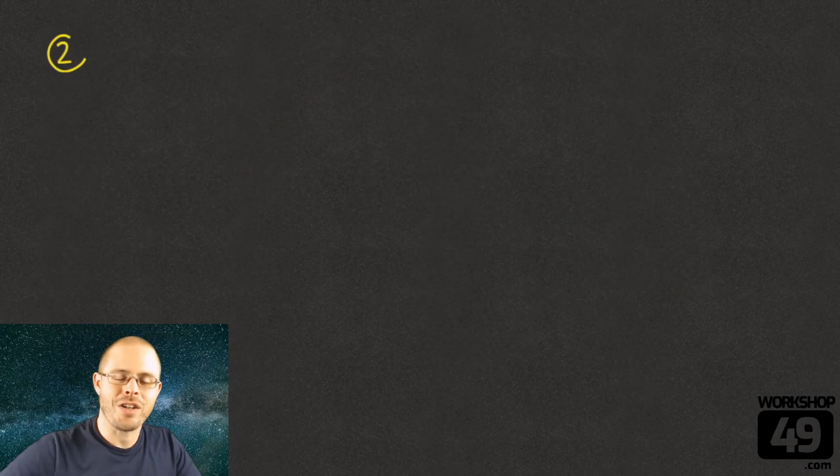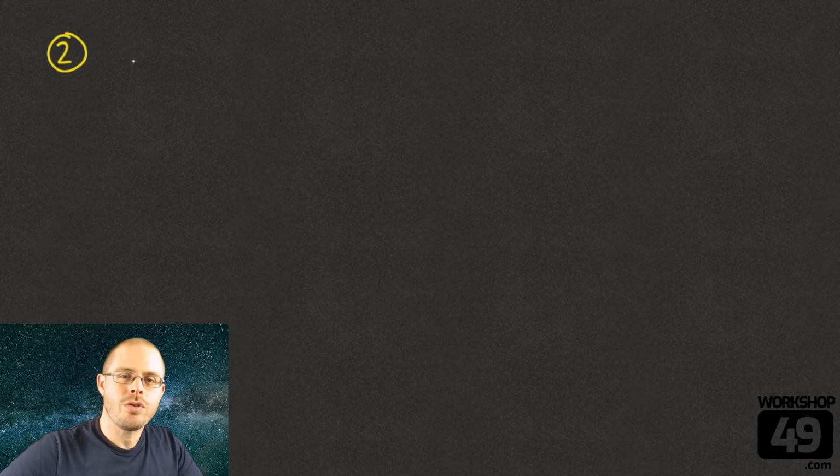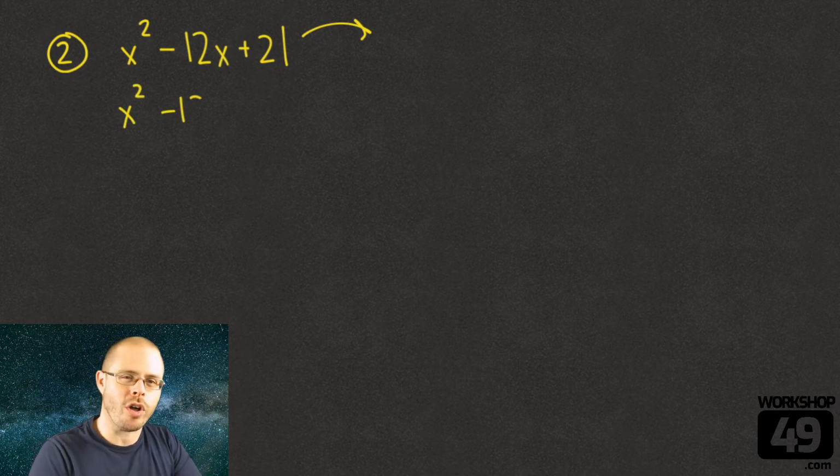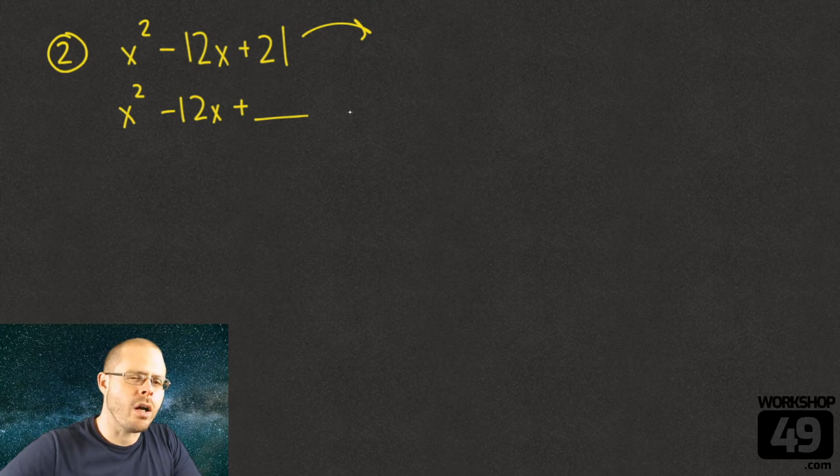We're going to work through another example here so that you can get to see this in action. So example number 2, we're going to put up another quadratic in standard form, x squared minus 12x plus 21. Not a perfect square, so the first thing we do is chuck that c value over, get rid of it, and decide what we wish was there so that this had been a perfect square.